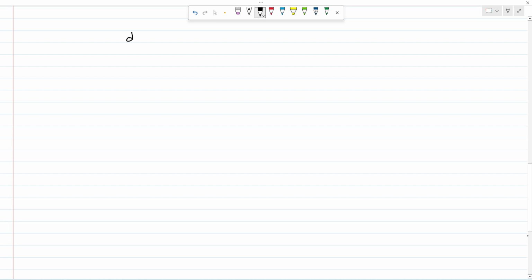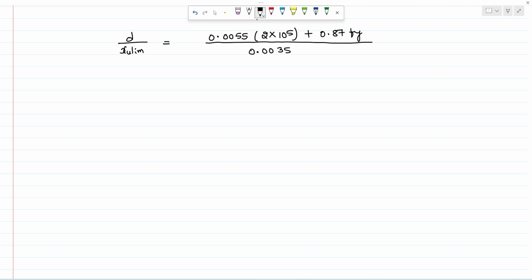So now it is D divided by XU limit equals 0.0055 into ES, 2 into 10 power 5, plus 0.87 Fy divided by 0.0035 into 2 into 10 power 5.